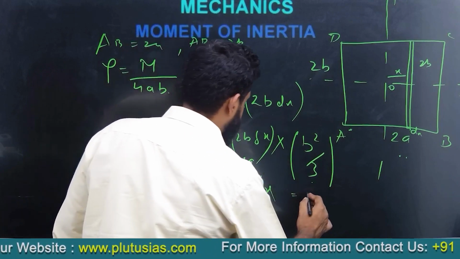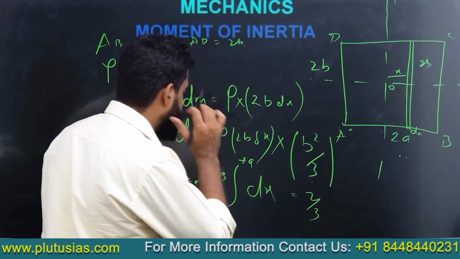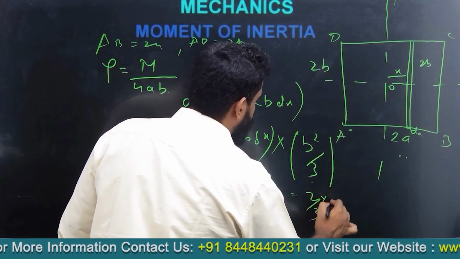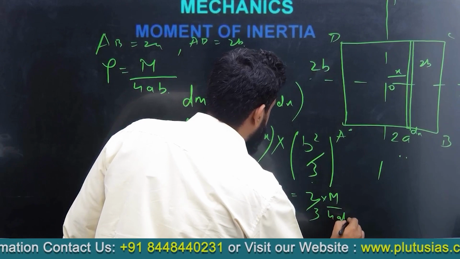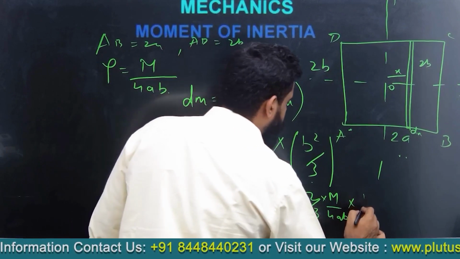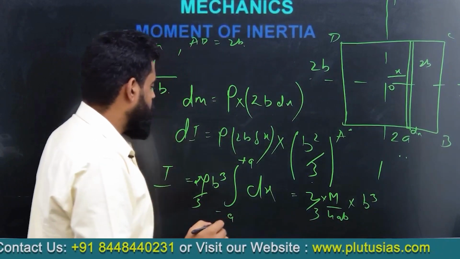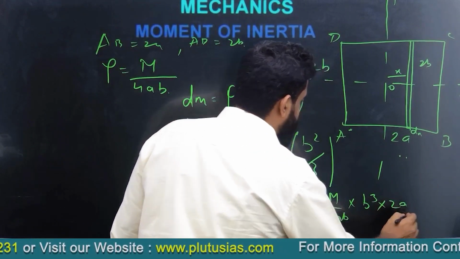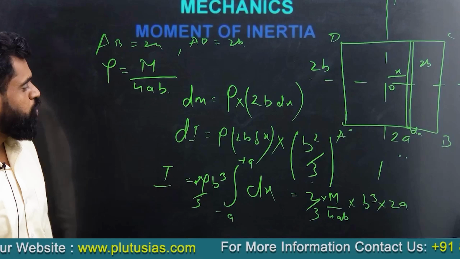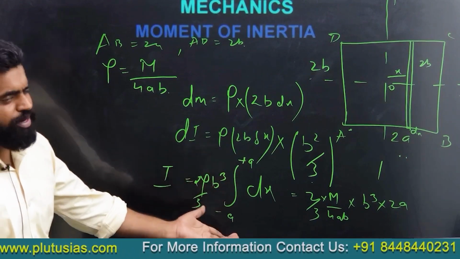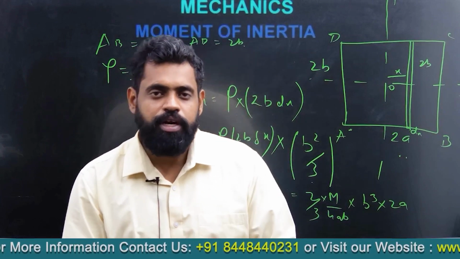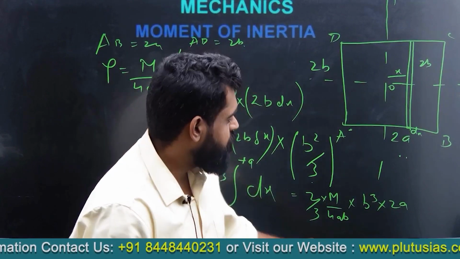This would be 2 by 3 rho. For rho we write M upon 4AB, we write b cube, and for dx, integrating, we get 2a. It is an even function, and in the case of an even function it is 2 times the integral from 0 to a of dx. You can easily calculate it.